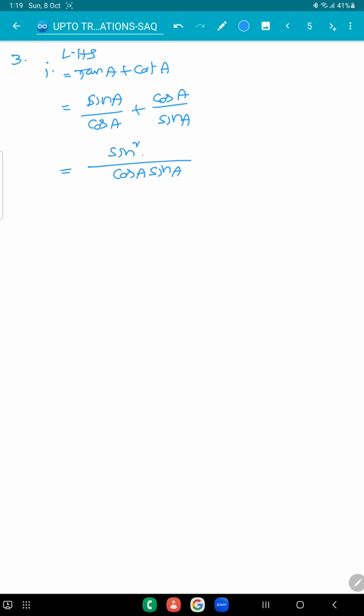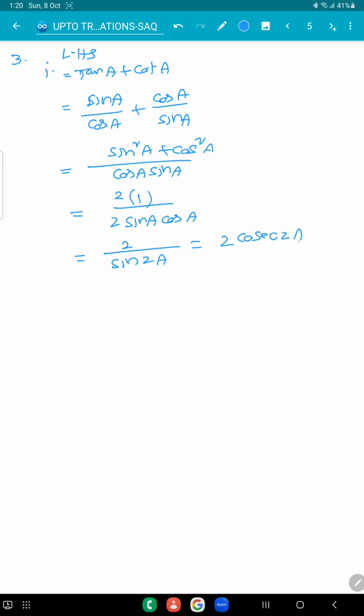So that is equal to sin square a plus cos square a by sin a cos a. What is sin square a plus cos square a? 1. So 1 by sin a cos a. Multiplication and division by 2. 2 times sin a cos a is sin 2a. 1 by sin 2a is cosecant 2a. That is right hand side.